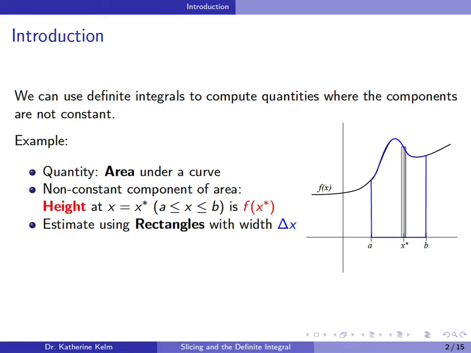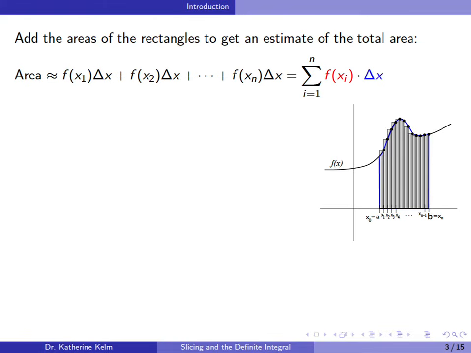We can use definite integrals to compute quantities where the components are not constant. For example, in Calculus 1, we computed the area under a curve using a Riemann sum, where we subdivide the interval from a to b into n equal intervals, each of width delta x, where delta x is (b minus a) over n, and then using a value of x in each subinterval, we compute the height of each rectangle by plugging it into the function.